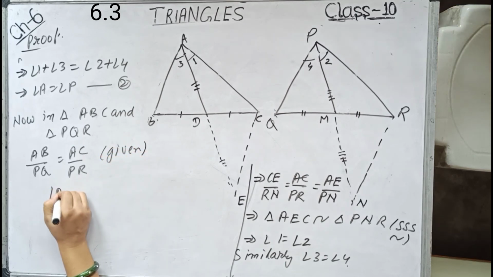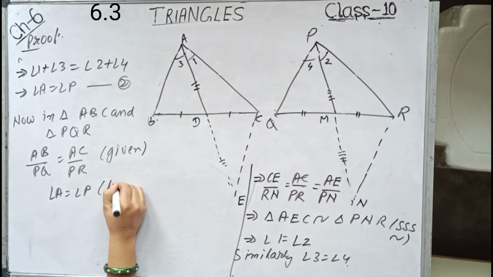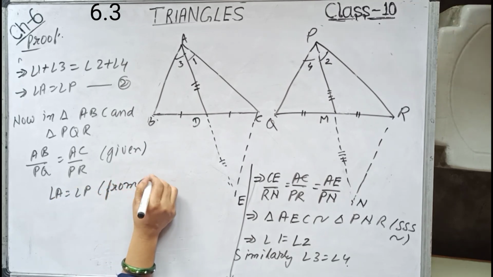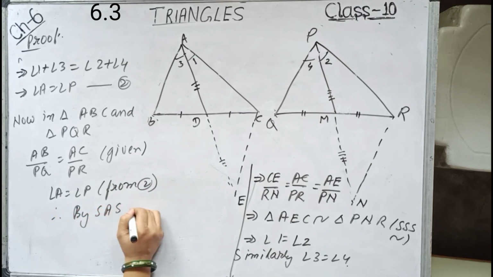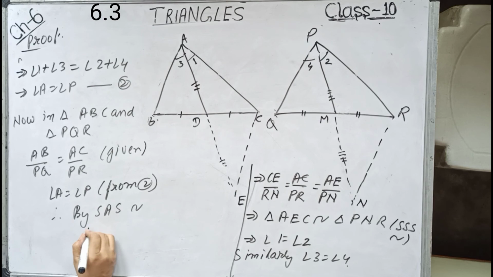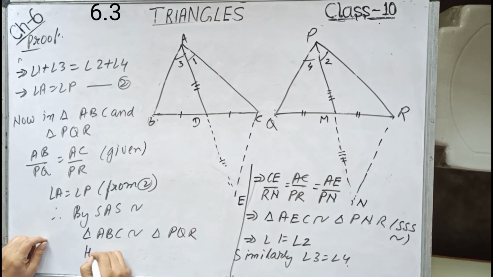And angle A equals angle P from where? From 2. Therefore, by SAS similarity, triangle ABC is similar to triangle PQR, and hence proved.